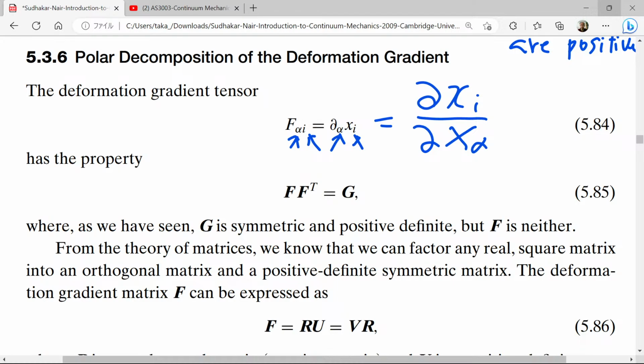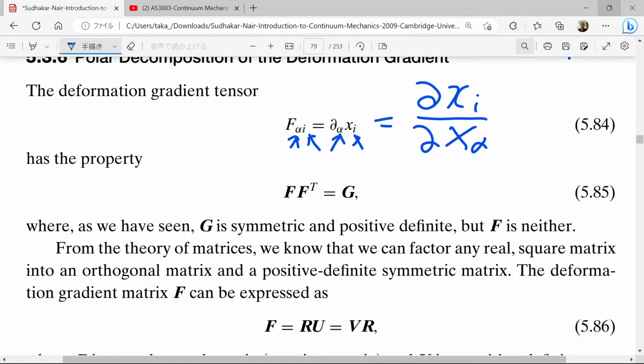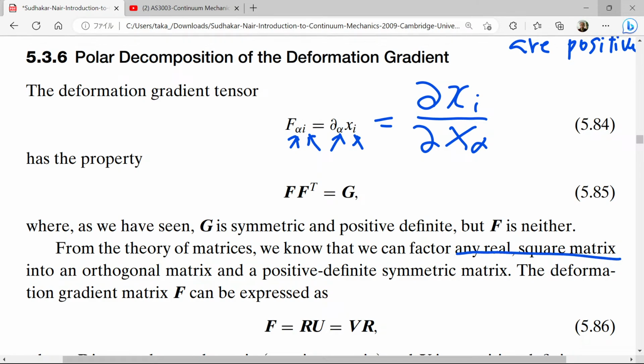We can factor any real square matrix into an orthogonal matrix and a positive definite symmetric matrix. Factor, this is like a multiplication.